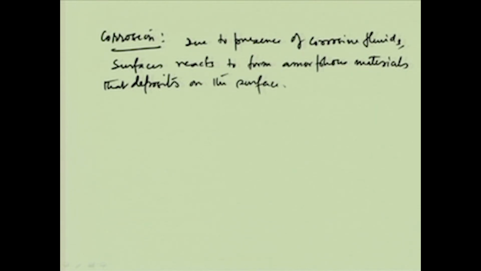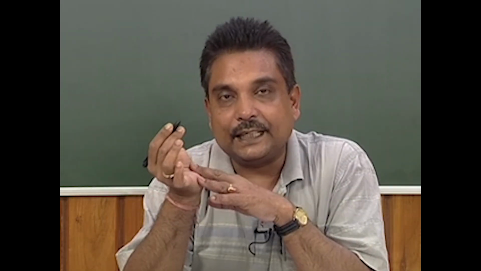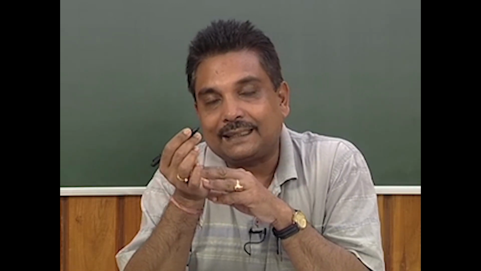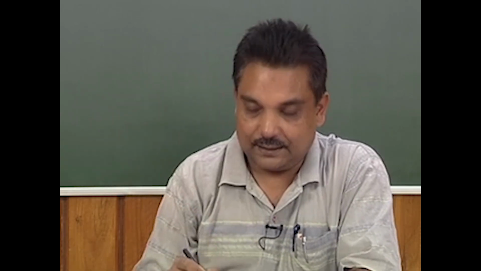So, this corrosion is due to presence of chlorides, high temperature steam, oxygen and many other oxidizing agents. So, this corrosion leads to two things. It degrades the heat transfer behavior, at the same time it degrades the surface quality of the tubes and the shells.